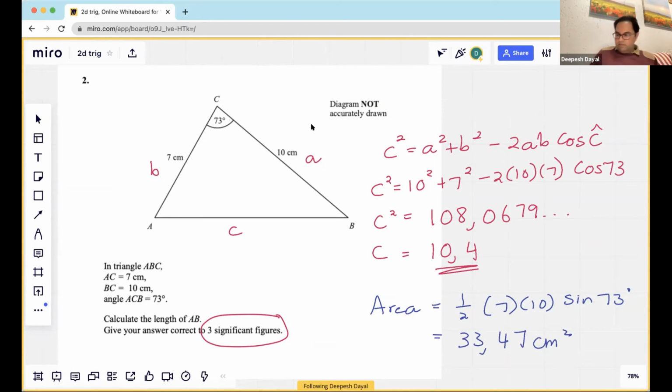Yes, there we go. And remember, the unit for this one is centimeters. Okay, so there we go. Any questions from anybody?